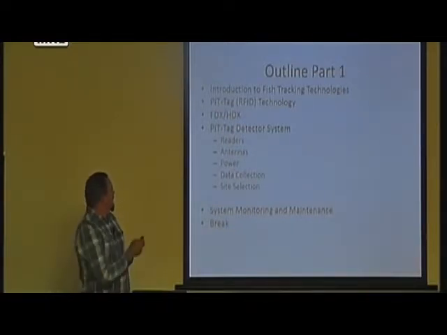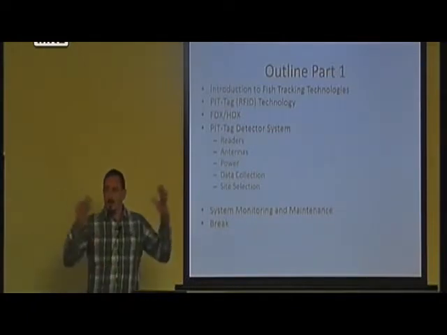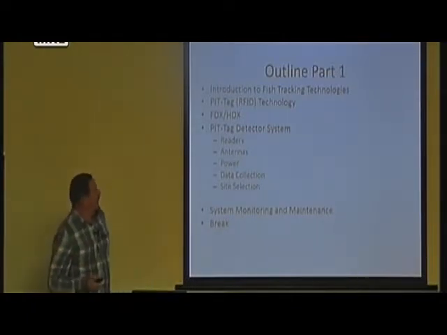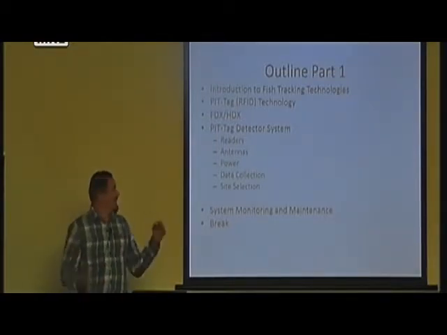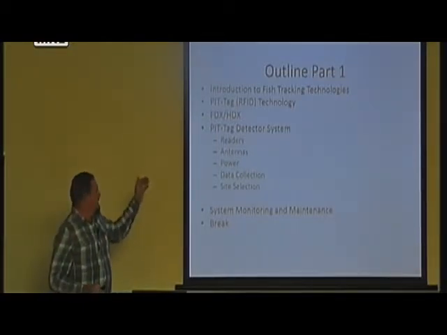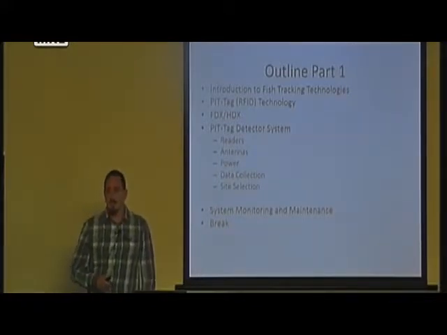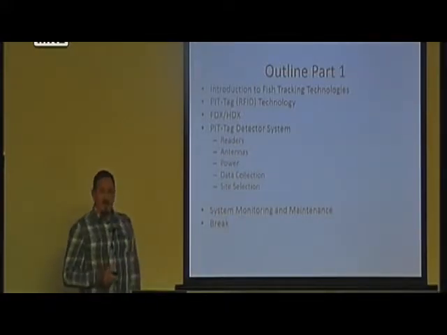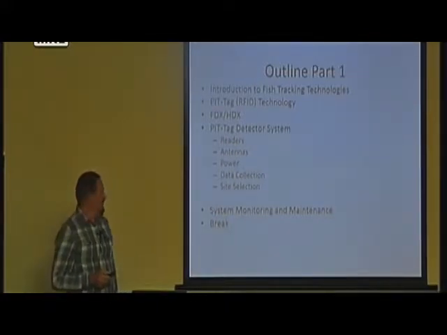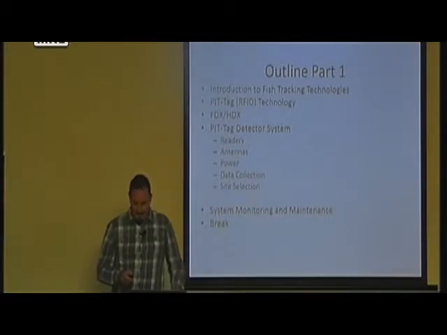We're going to look at an overview of a PIT tag detection system: the readers, the antennas, the power, collecting the data, and selecting a site to put these systems. Then, if we have time, we'll get to some system maintenance and monitoring, and then we'll probably be taking a break before we get through all of this, but we'll see how far we get.